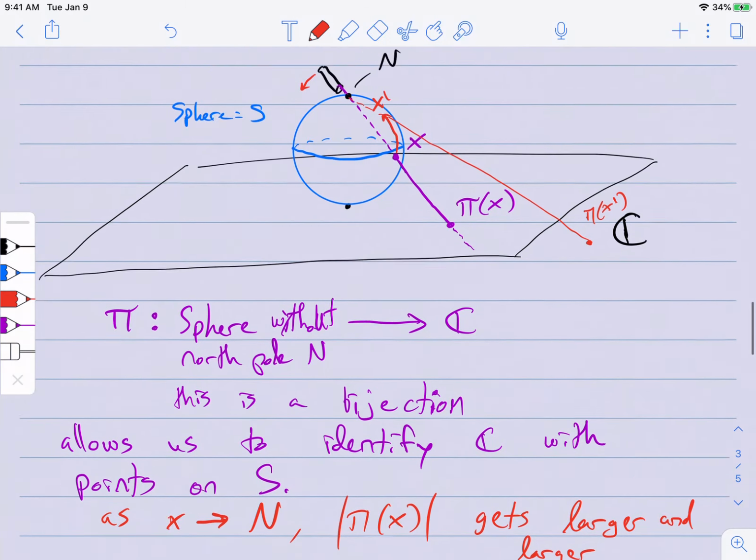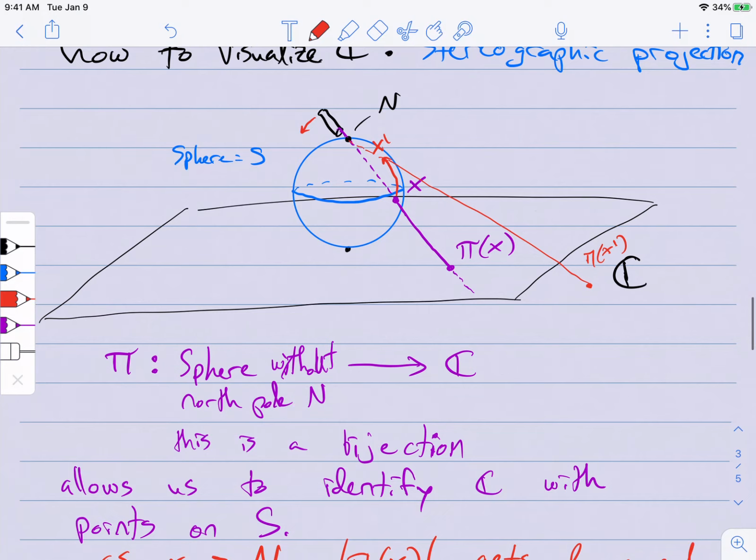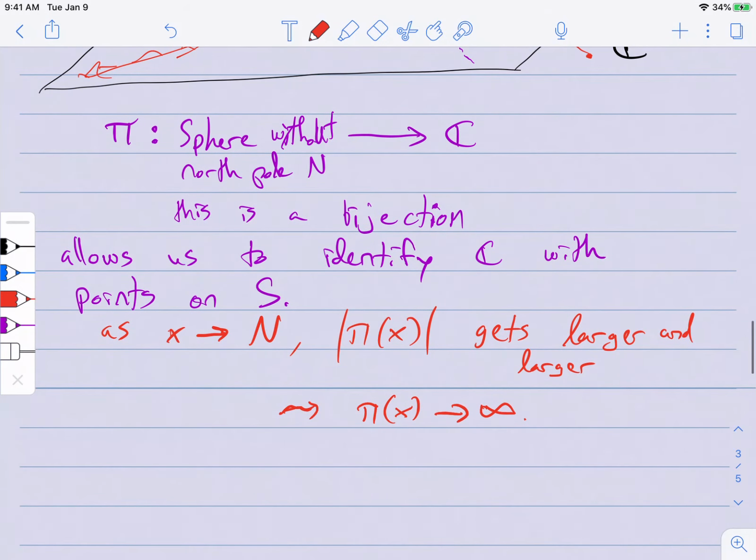So its modulus is getting larger. And so this extra point at infinity, we can think of it as corresponding to the North Pole, because if we take a sequence of points in the complex plane that are going off towards infinity in some direction, then if I identify all these points with points on the plane, or sorry, points on the sphere, those points on the sphere are getting closer and closer to the North Pole.